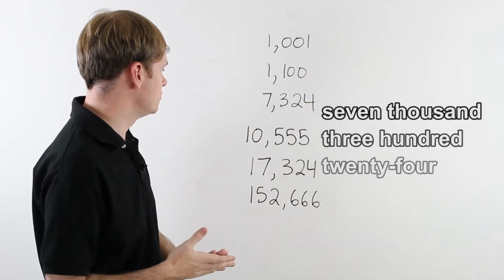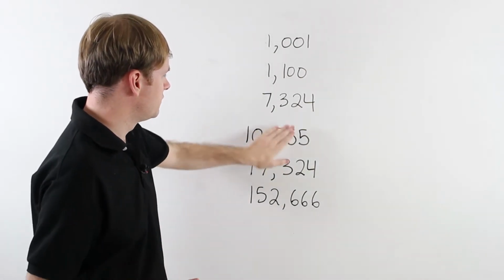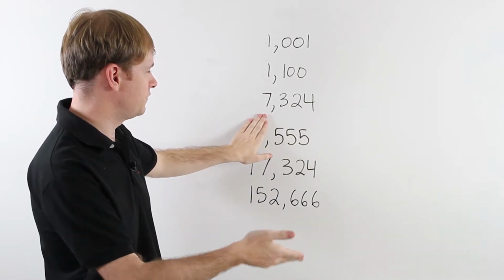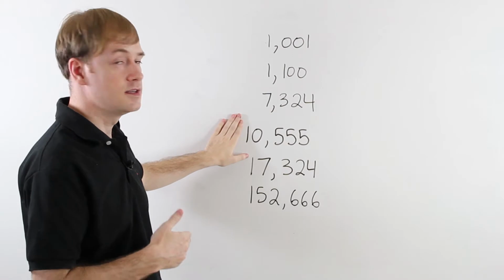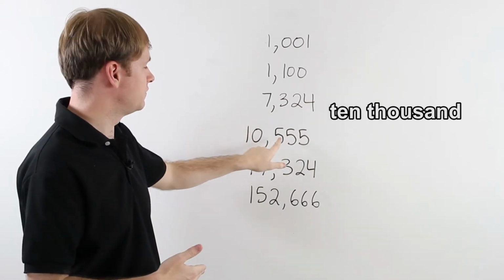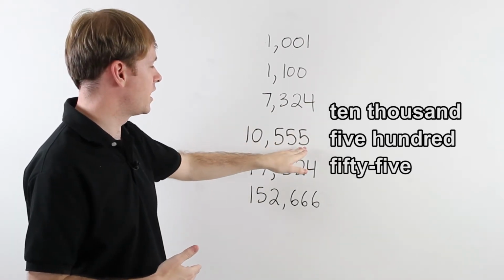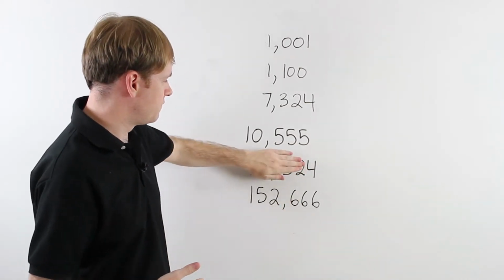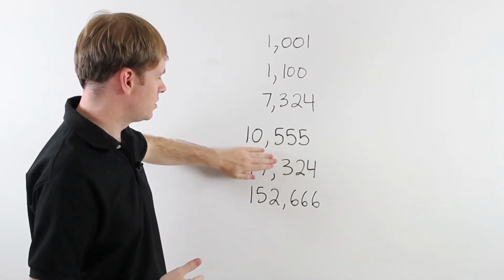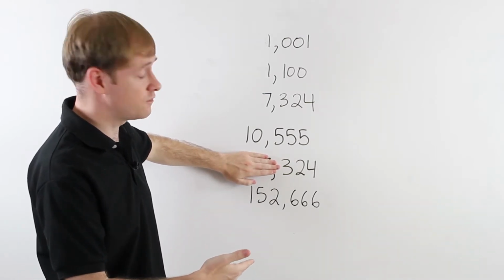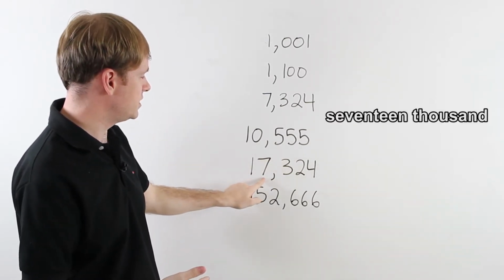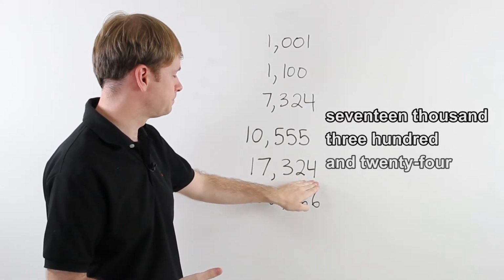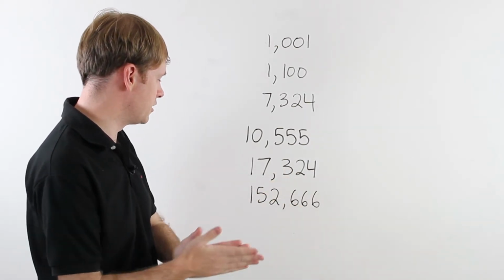Let's move on to the next number. 555. 555. 10,555. Okay, let's move on. 424. 324. 17,324. Let's move on. Bigger number here.